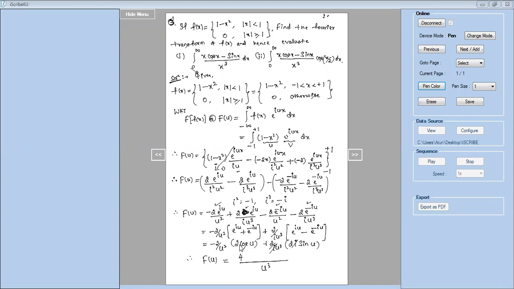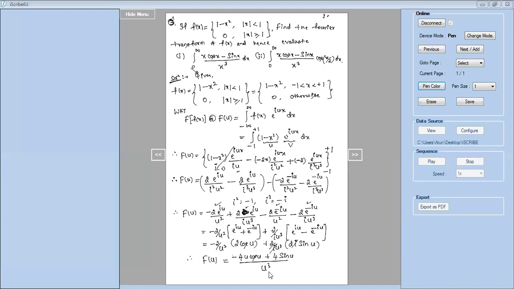It is minus 4u cos u plus 4 sin u. Correct? So this is 4 sin u. U cube is the LCM here, u cube by u square means u will remain. Multiply that u to the first term, so it is minus 4u cos u. So this is our f of u.